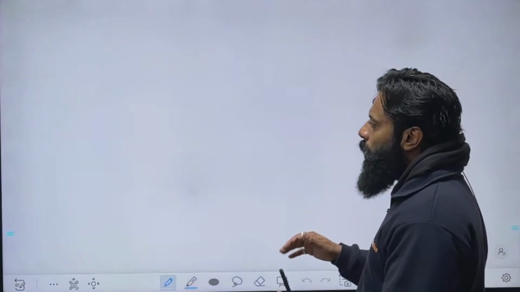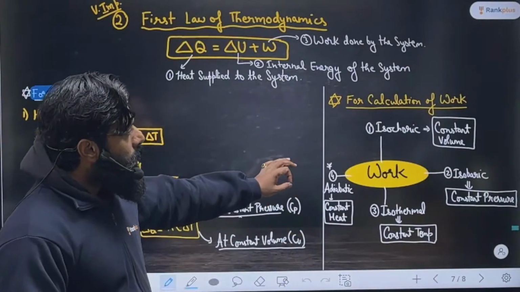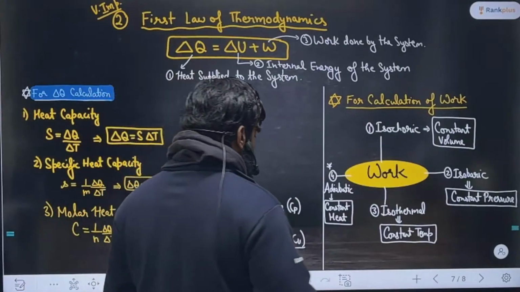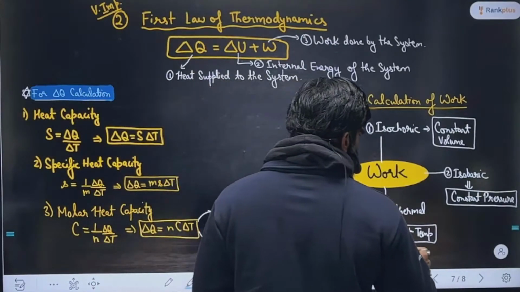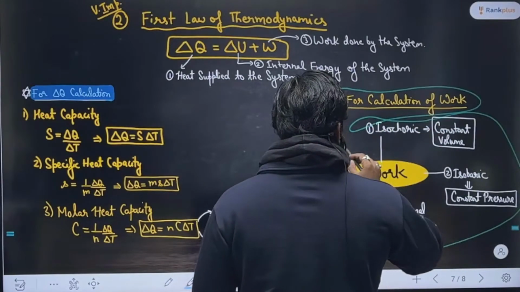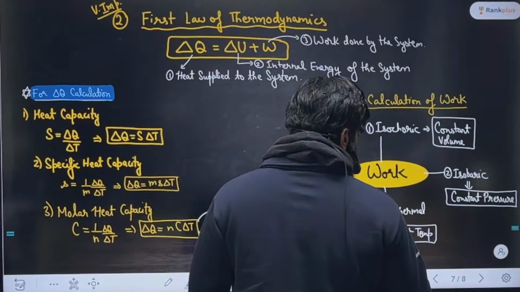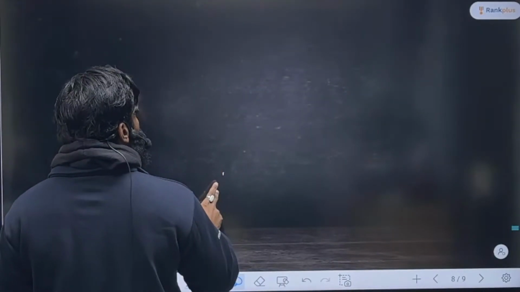Let me briefly concise all those methods to calculate the work done, right? So this is what we have to learn. Let me take this chart on another page and concise it.